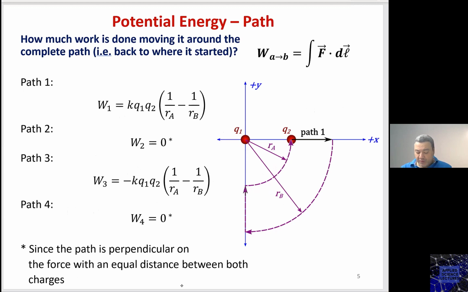So we have calculated path number 1, A to B.